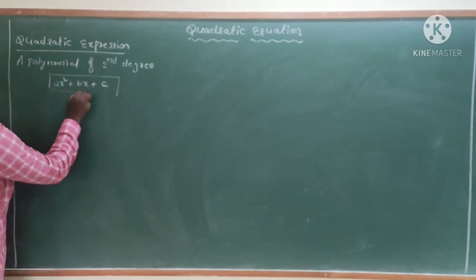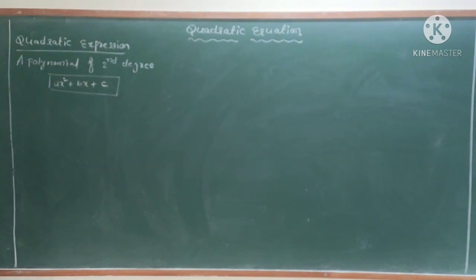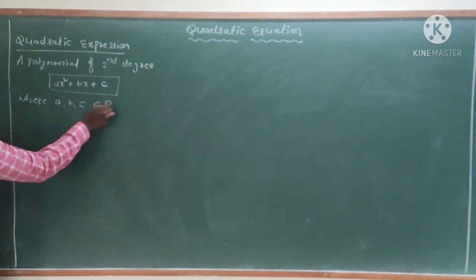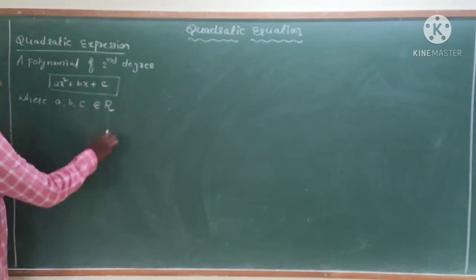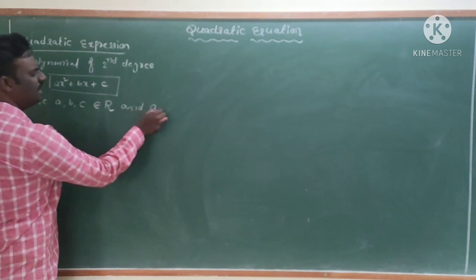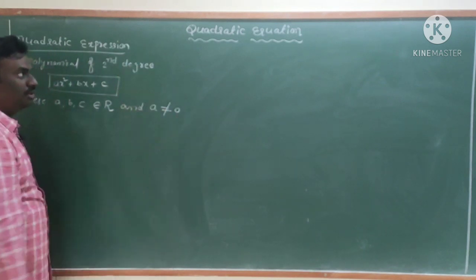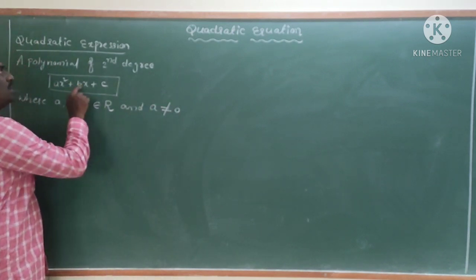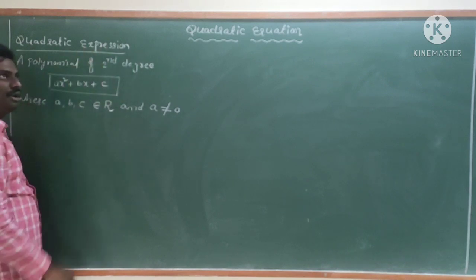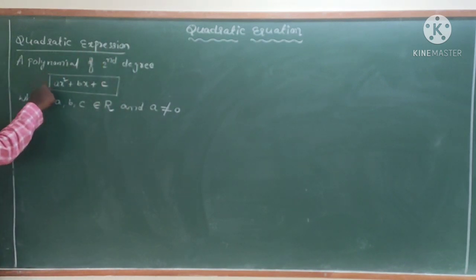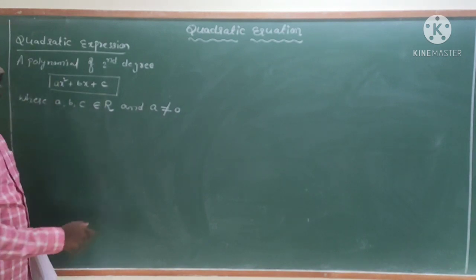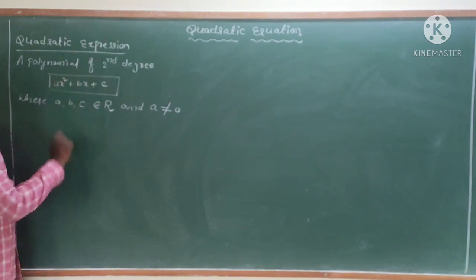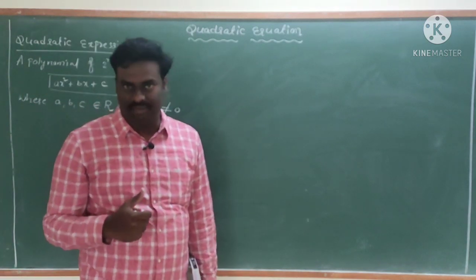This is called quadratic expression, where a, b, c are real numbers and a value is not equal to 0, because if a value equals 0, it is not a second degree polynomial; it is having bx plus c, that is a linear equation.